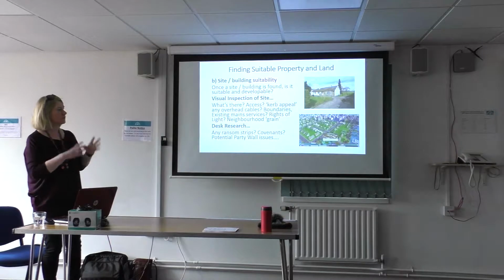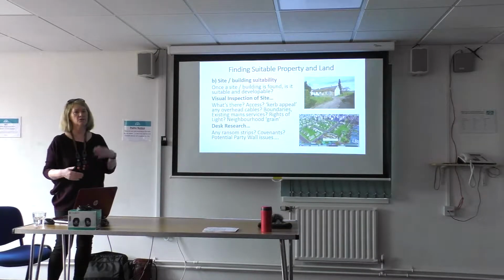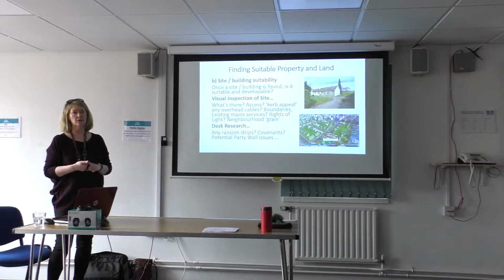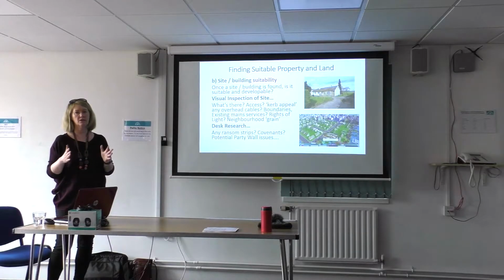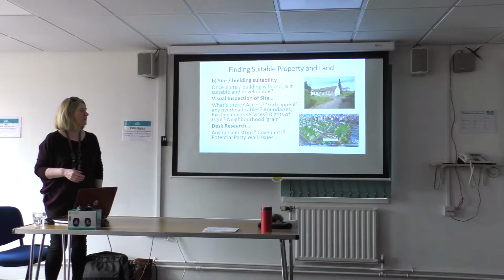So say for instance you've got a building or a piece of land and you want to extend it or you want to build on it. Is the access suitable? Is it wide enough? And if you've got, say, 20 dwellings or whatever, then you'll need a reasonably wide access because you need to get fire engines potentially down there, and also refuse vehicles and that sort of thing. So it needs to be 4 metres wide minimum.